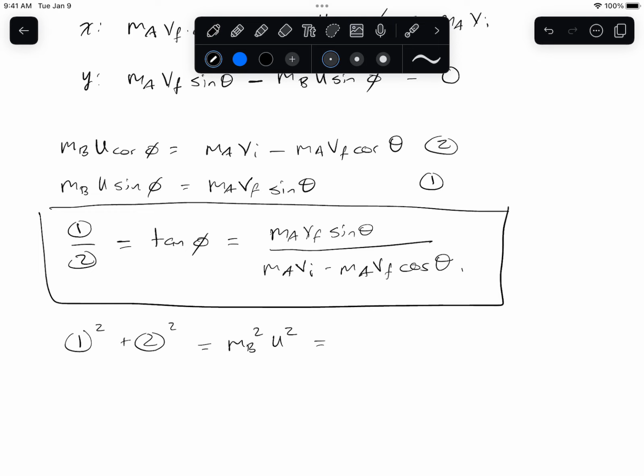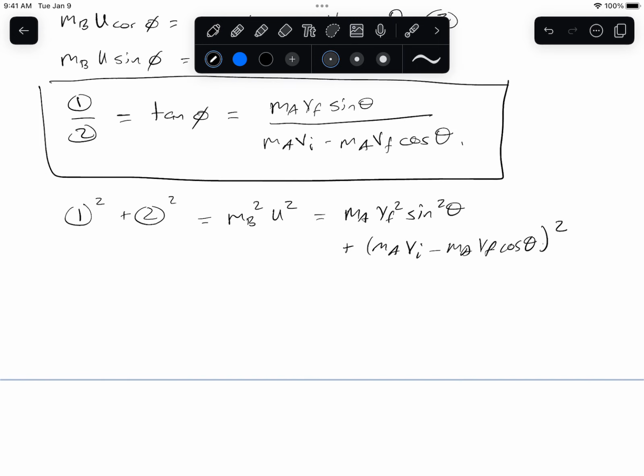And on the right-hand side, I'm going to get m_A squared v_Af squared sine squared theta, plus (m_A v_Ai minus m_A v_Af cos theta), and this whole thing is squared.